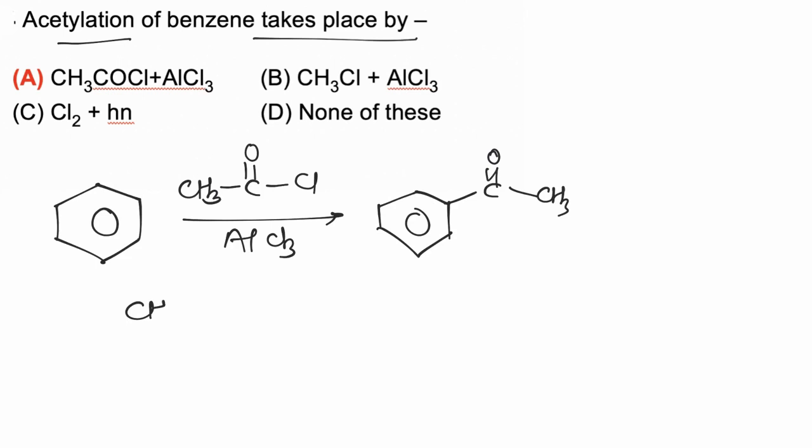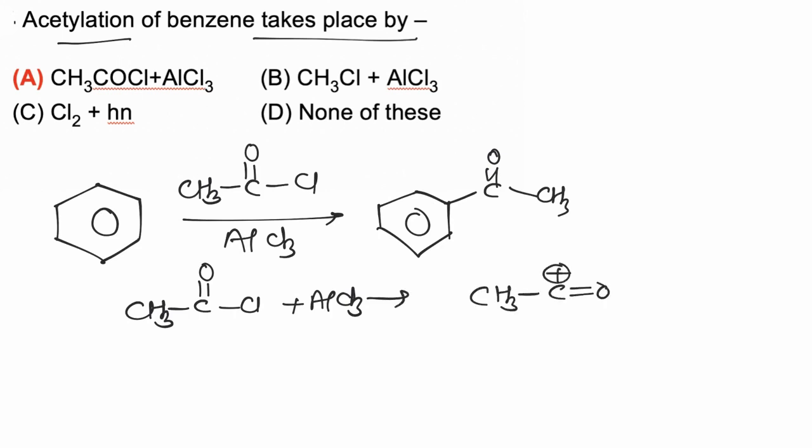Now the CH3COCl molecule on reacting with AlCl3 will form the CH3CO positive carbocation. Now this will act as an electrophile, and finally acetophenone is formed as the final product, and hence the correct answer is A.